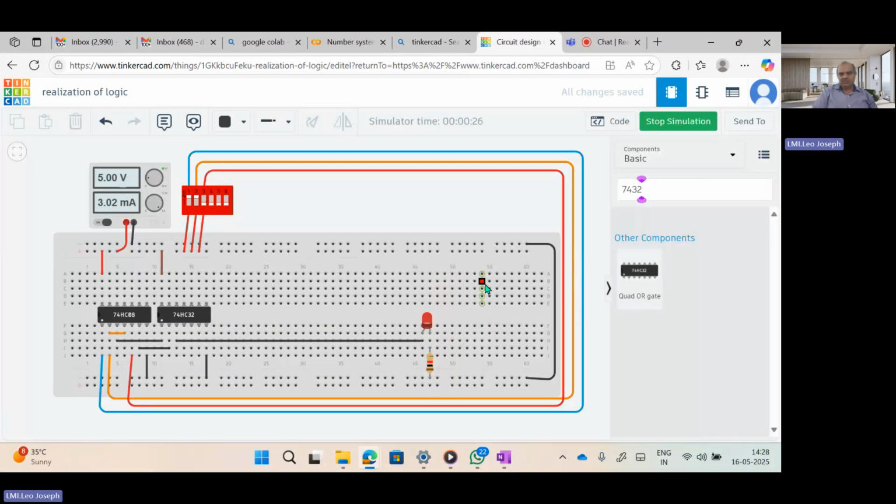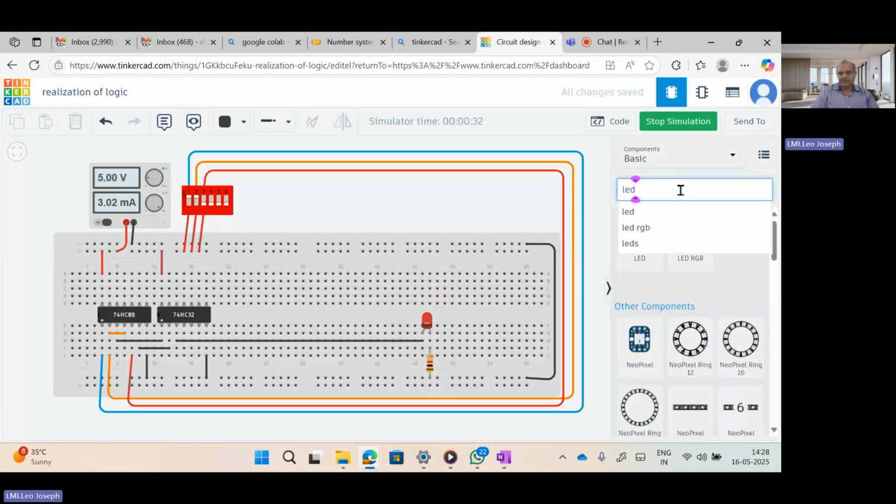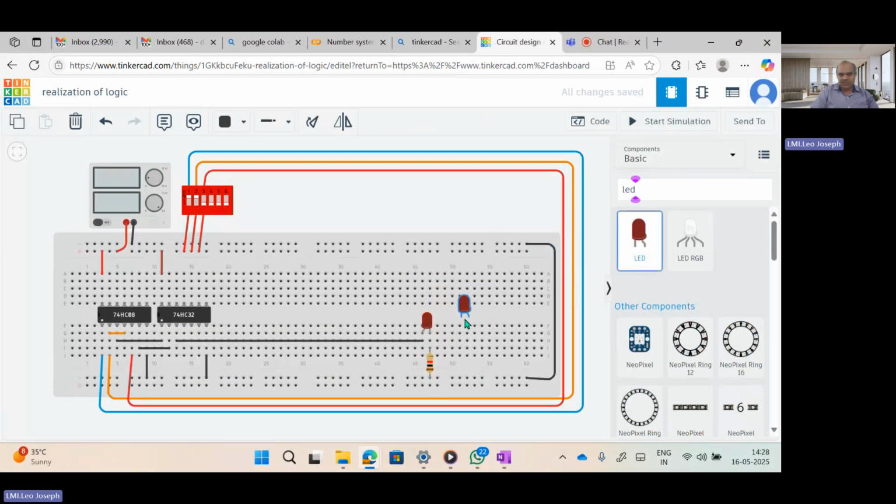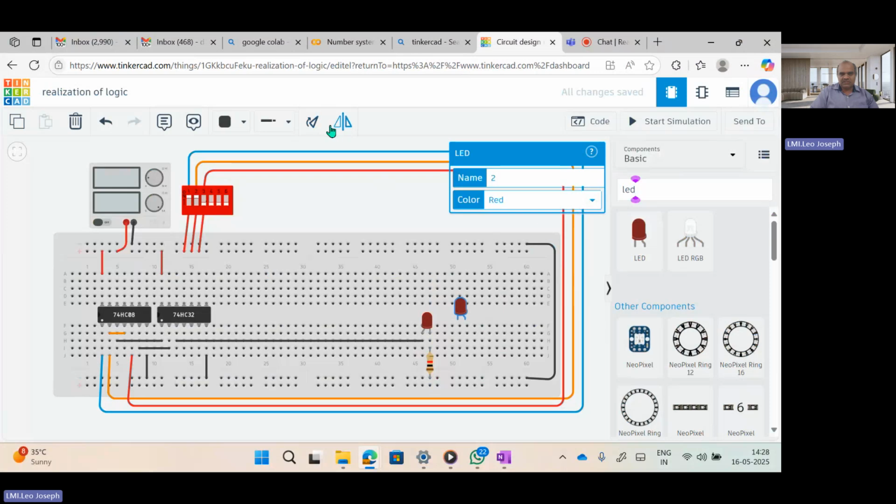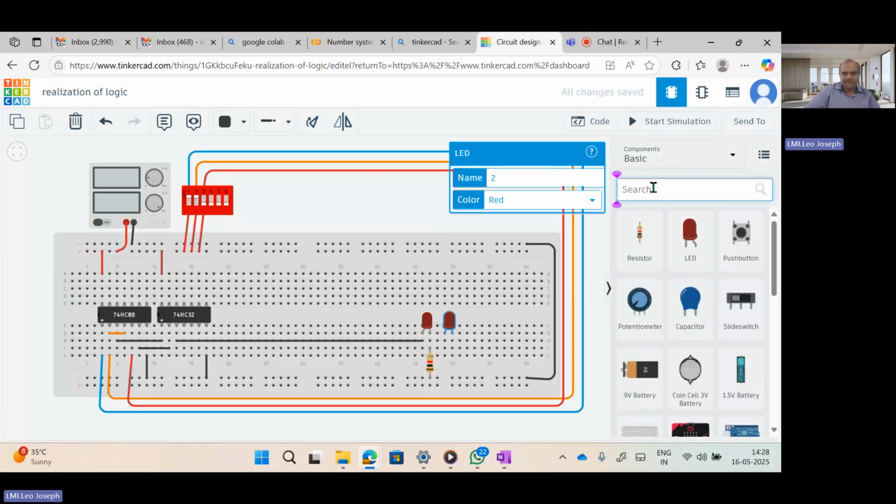So the same setup I am going to do with the help of another LED and resistor. Here I am taking one LED and rotating and shifting this, and I am going to give the resistor.